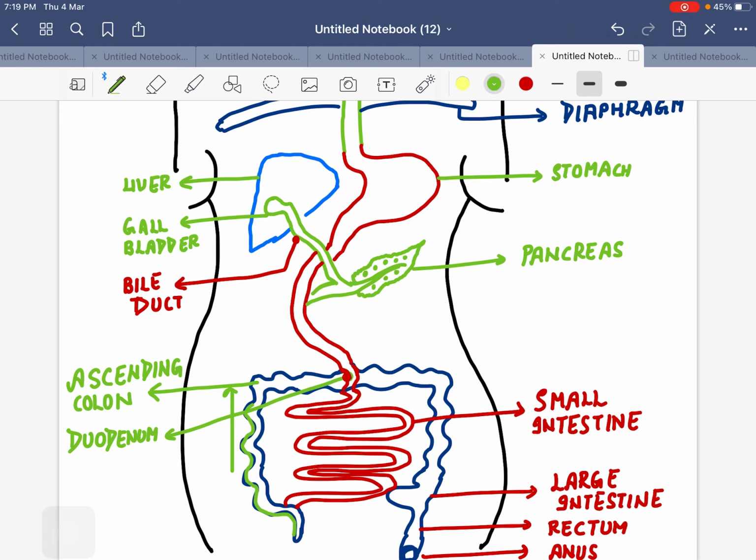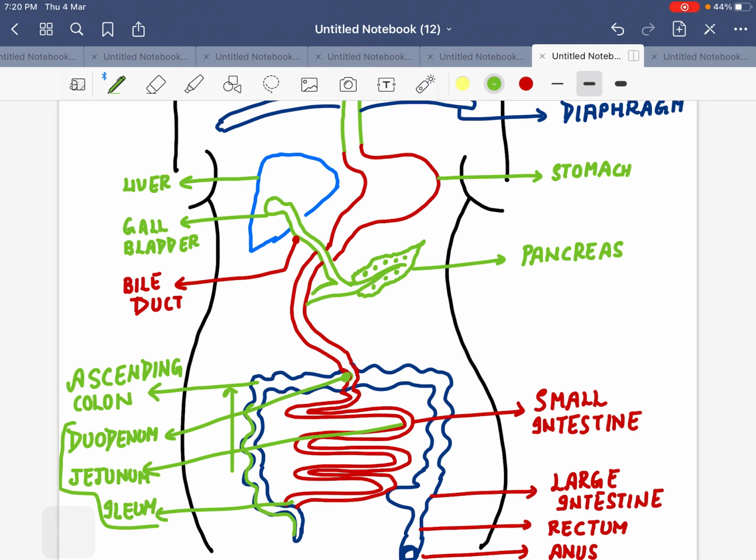Then this portion here, the most coiled inner portion, that is jejunum. And the last portion, where it ends, that is ileum. So duodenum, jejunum and ileum, these are our small intestine parts, right?